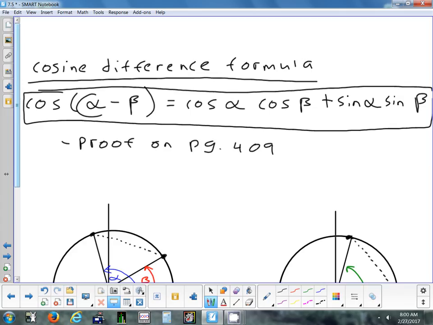Now, the two angles, the one you have here and the one you have there, you want them to be easy to work with. So what kind of angles are easy for us to work with? Angles that are multiples of what number? I think when we did unit circle trig. 45.